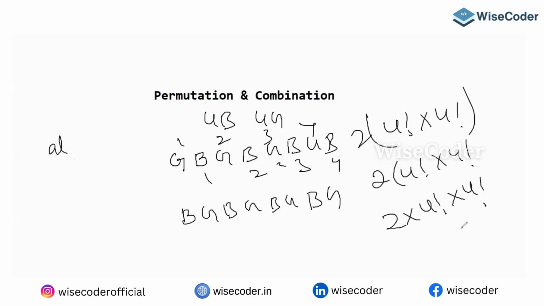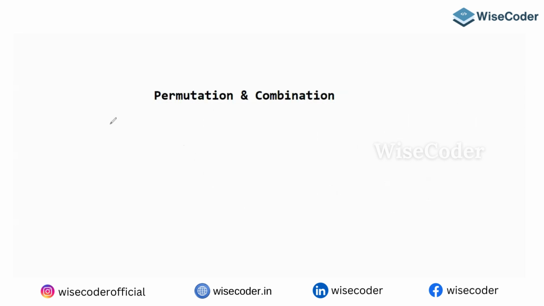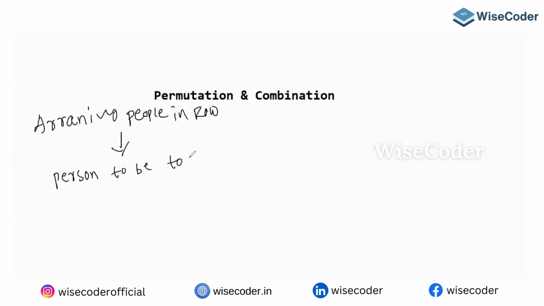Let me summarize this. Arranging people in a row, we have seen three different types of sets. Persons to be together, and this is one variety. What is the other variety?